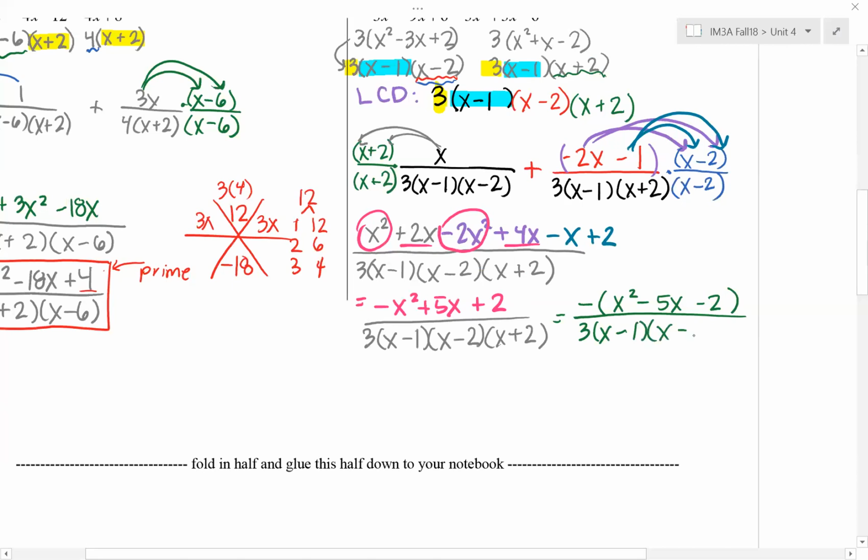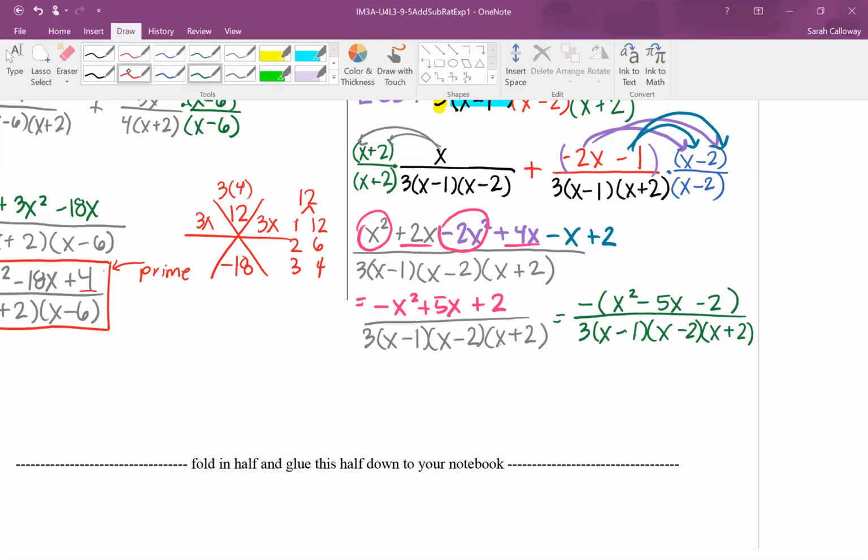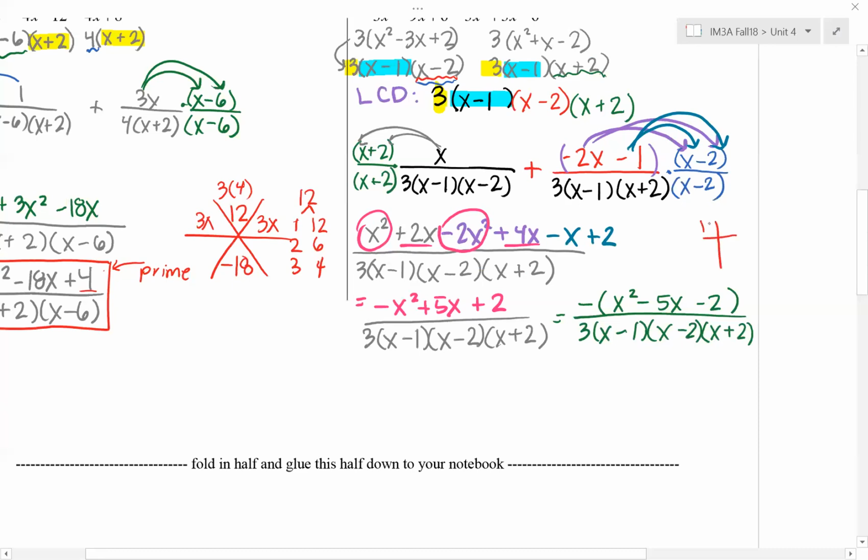So we look at the product sum again to see if we can factor this. We notice that this has to multiply to negative 2, and so it's only 2 and 1, and those will never multiply to negative 5. So our product sum would need to multiply to negative 2 and add to negative 5, which means that this one is prime. And so that is our solution for adding these two fractions together.